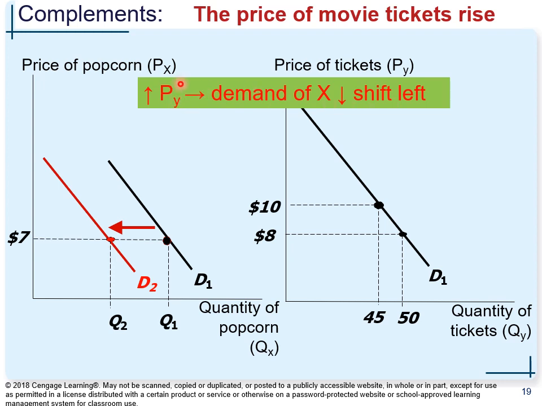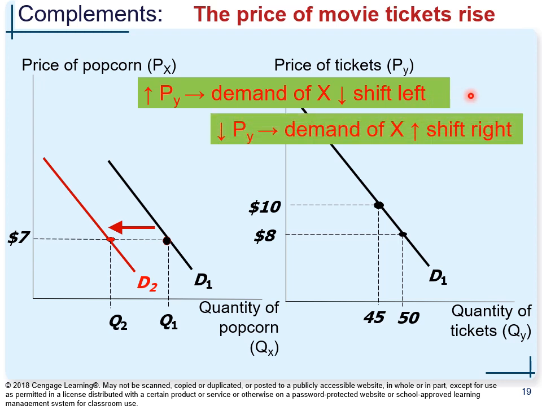So a higher price of Y decreases the quantity demanded of Y and the demand for X. So the demand for X shifts to the left as shown in this graph. And the converse is also true. If there's a fall in the price of good Y, then the quantity of good Y is going to go up, and the demand for good X is also going to go up, right? Because X and Y are complements. If they are complements, this must be the relationship that we find.